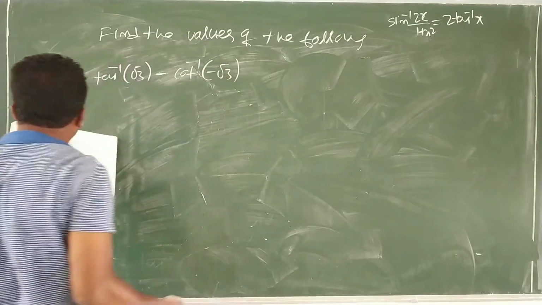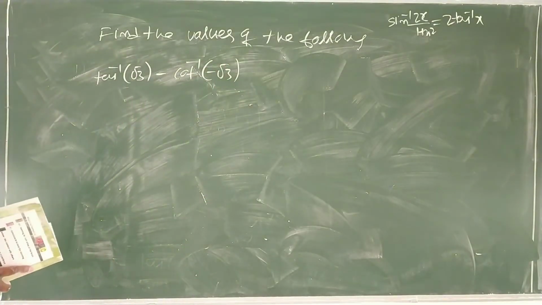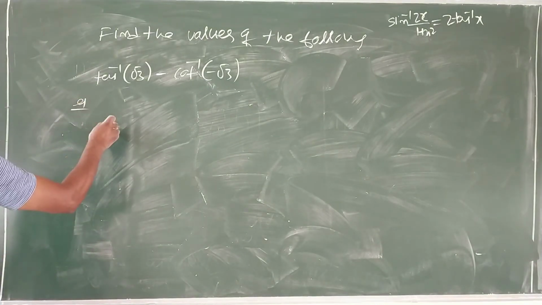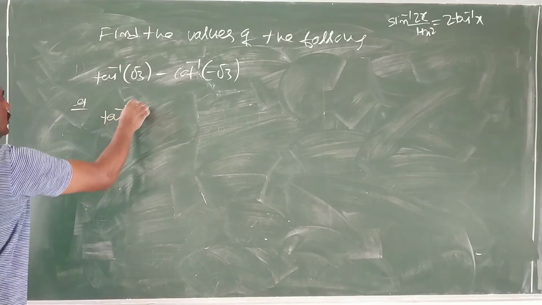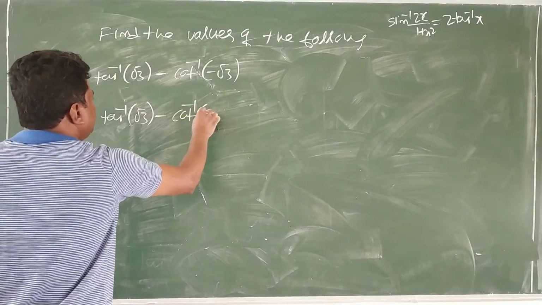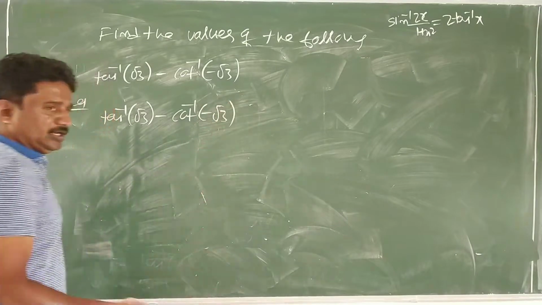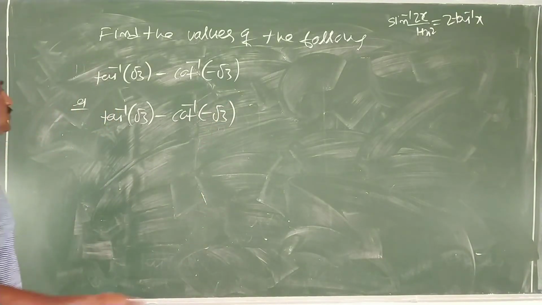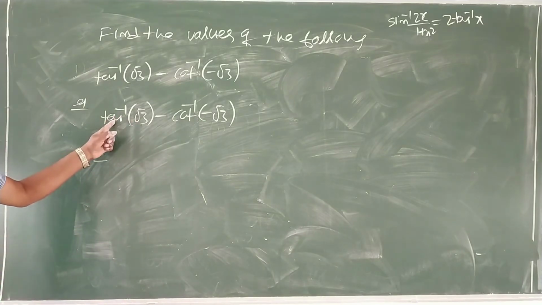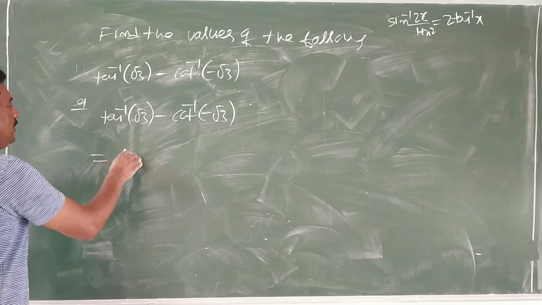Solve this question, students, it is an easy question. Solution. Tan inverse root 3 minus cot inverse minus root 3. If root 3 comes in tan inverse, it is 60 degrees, that is pi by 3.